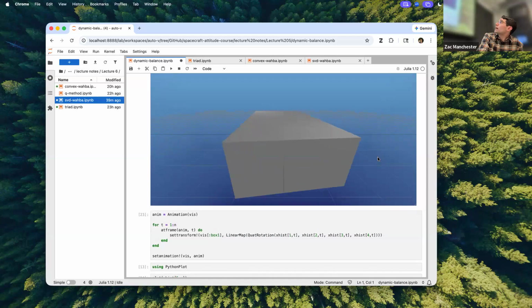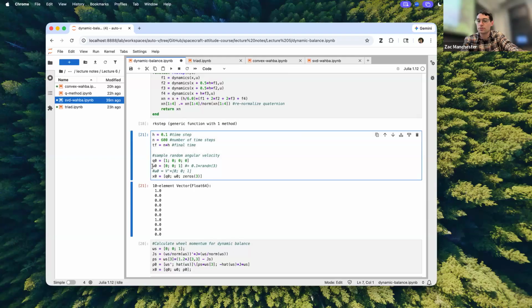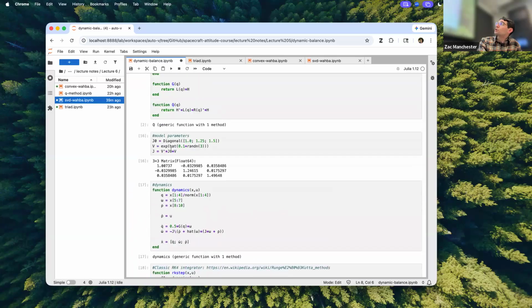The next thing we can check is I'm going to spin it about, now not the x-axis, but the true inertia eigenvector. So I'm taking the x-axis here and rotating it by the same rotation that I applied to the inertia matrix up here.